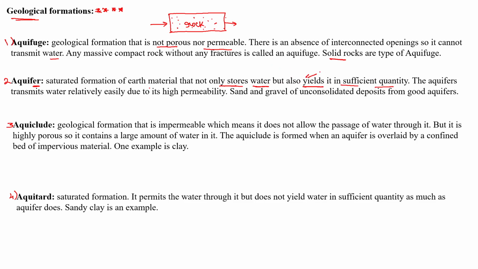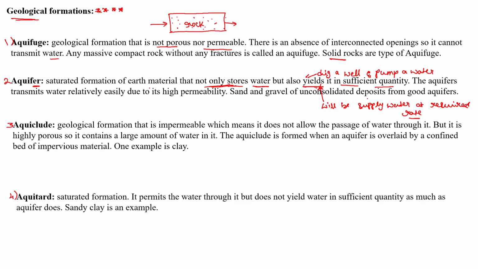When we say yield, it means if you dig a well and pump water, this particular geological formation will be able to supply water at the required rate. So the aquifer not only stores the water but also yields.